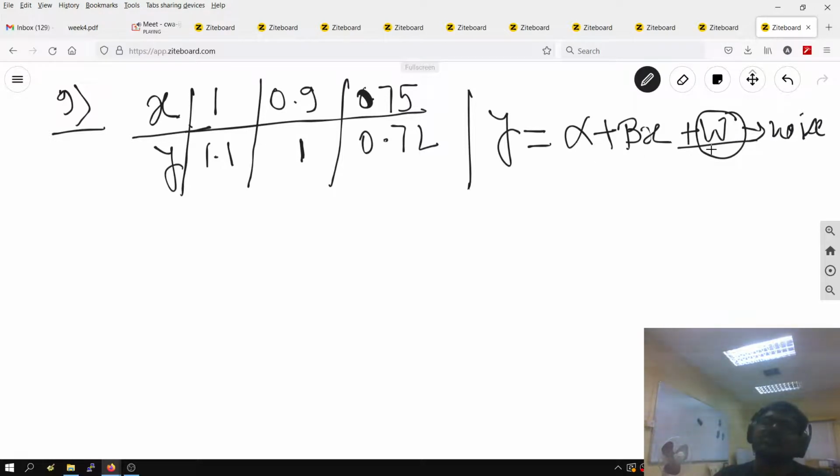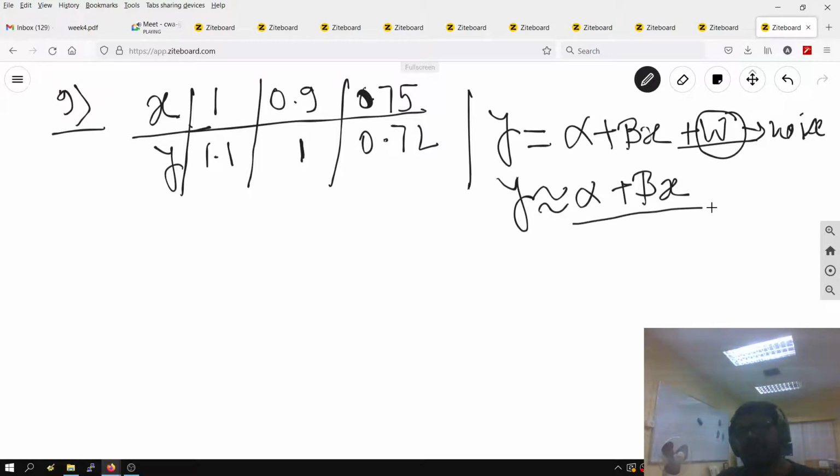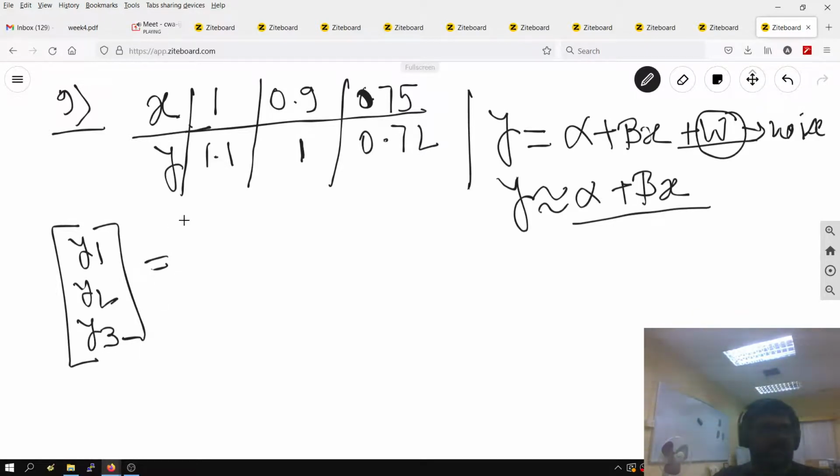So without this noise term, if we think of the least square solution, what will be the approximate value? Y is approximated to alpha plus beta x. We don't know what w is. So we want the least square estimation here, as the tabular form is given. So how do I express the equation? The first equation is y1, y2, y3. And what are the parameters given to me? Alpha is given to me, beta is also given to me.